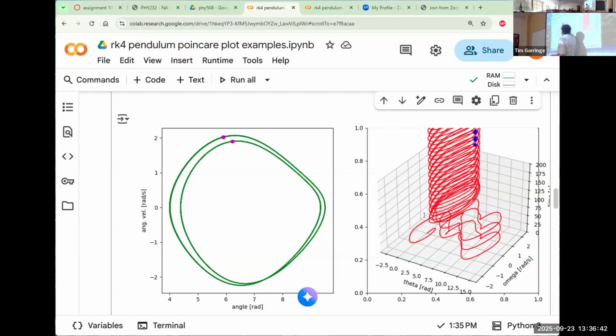We've got two Poincare section points here. Remember, we're sampling the coordinates, theta and omega, of the pendulum every driving period. We find it here, and half the time we find it here, downstairs to the right. So that's further evidence that it's going around one path and then it's going around the other path.